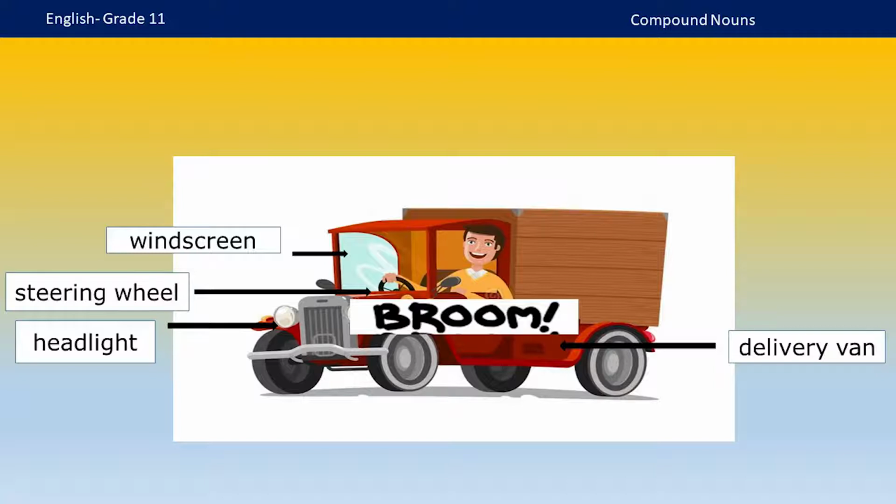The compound nouns are windscreen, steering wheel, headlight, and delivery van. Okay children, I think you got these words correct. Shall we just look at them again? The windscreen, steering wheel, headlight, and the delivery van. So two words put together as a compound noun. Okay children, let's move to the next activity.